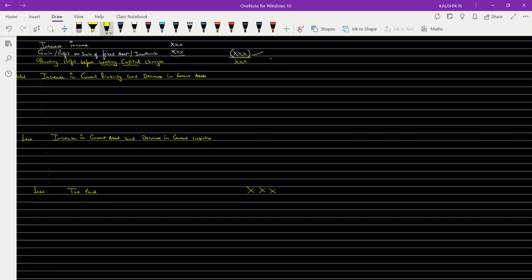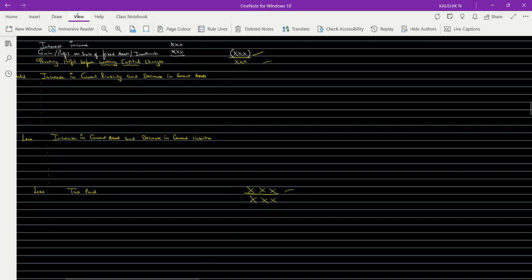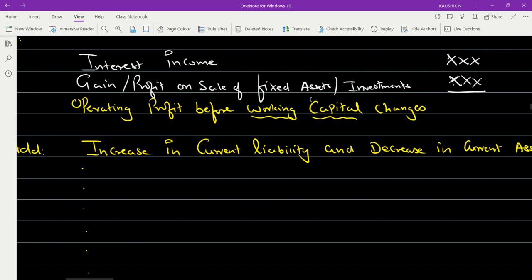That is, இங்க இருக்கிற வேல்யூ ஆப்ரேட்டிங் ப்ராஃபிட் பிஃபோர் ஒர்க்கிங் கேபிட்டல் சேஞ்சஸ் வர இதெல்லாத்தையும் நீங்கள் ஆட் பண்ணுவீங்க, இதெல்லாம் லெஸ் பண்ணுவீங்க, ஃபைனலாக இருக்கிற இந்த வேல்யூ லெஸ் பண்ணோம்னா we'll get one amount. இந்த வேல்யூ பாசிட்டிவா இருக்கலாம் இல்லாட்ட நெகட்டிவாகவும் இருக்கலாம். ஓகேவா? This value can be a positive figure or it could be a negative figure also.